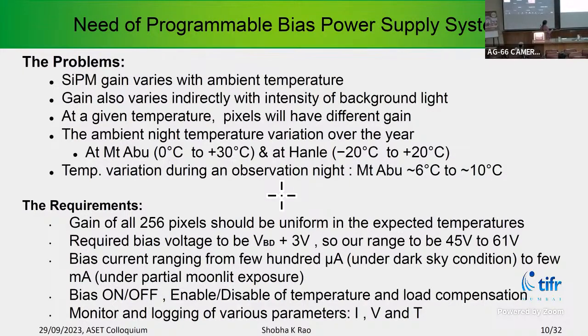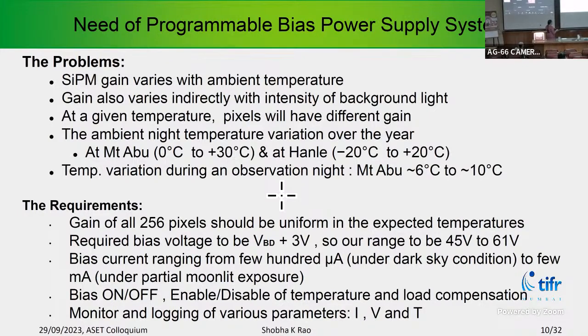And the SiPMs have to be operated at the reverse bias and above the breakdown. The breakdown voltage of the SiPM is something around 53, as you have seen in the previous slides, and then there is the over voltage we have chosen for our operation.